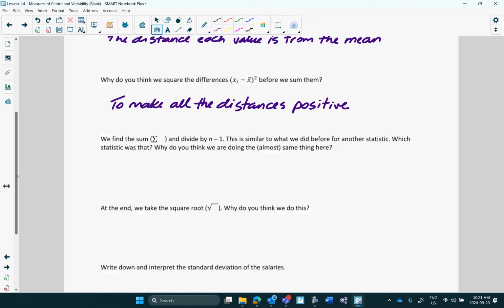So we make all those numbers positive by squaring them, then we add them all up and divide by how many there are less 1. Okay? Why are we doing the same thing as median? Well, because we're trying to find the average or typical distance each value is from the mean.